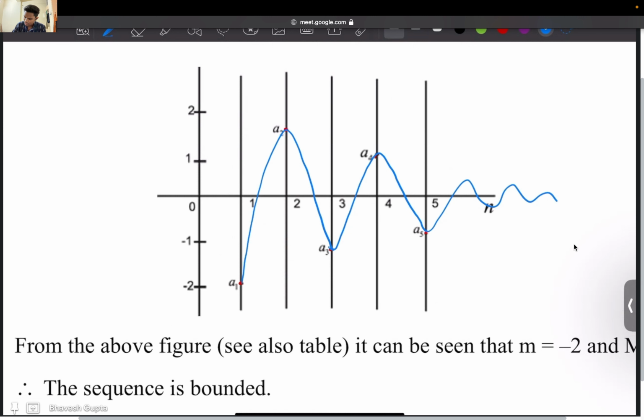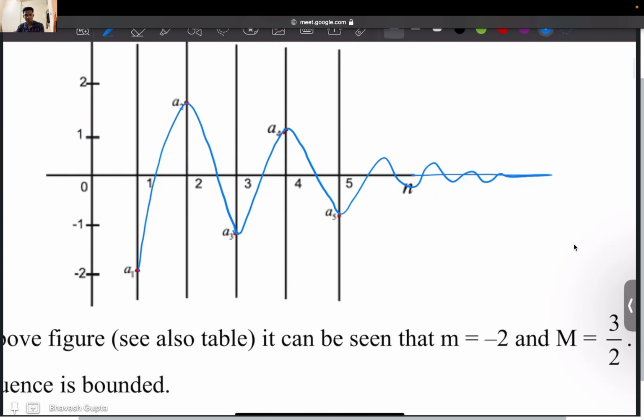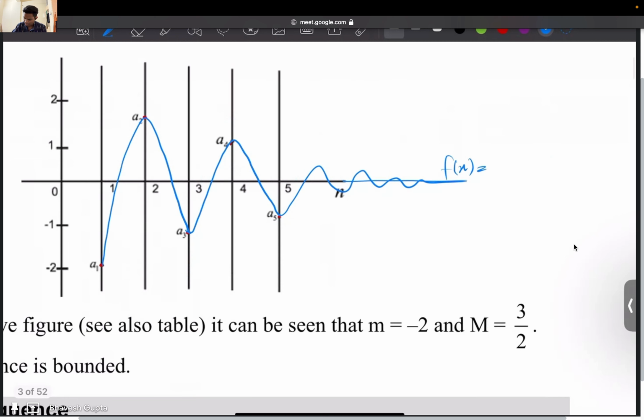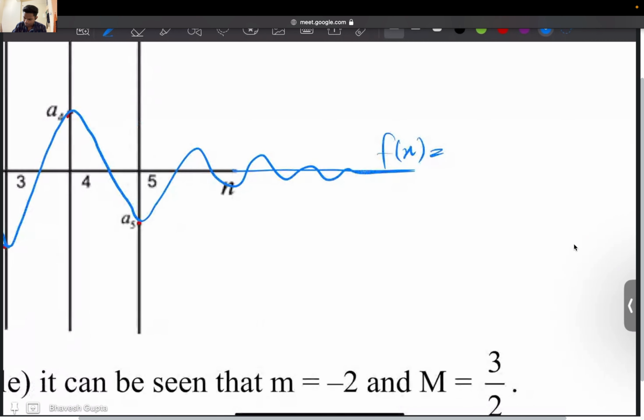It seems to be oscillatory and converges to 0. So there exists some oscillatory function. To me, this looks like some kind of 2 minus 2 sin x, I guess.